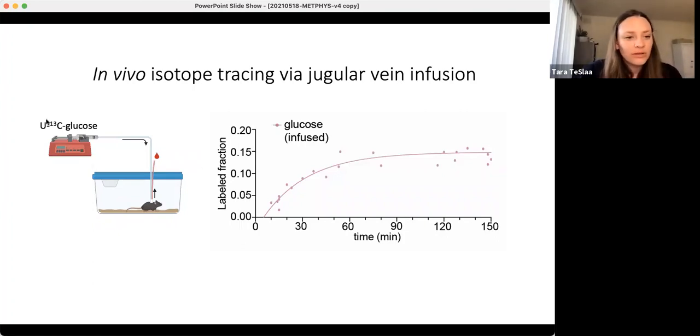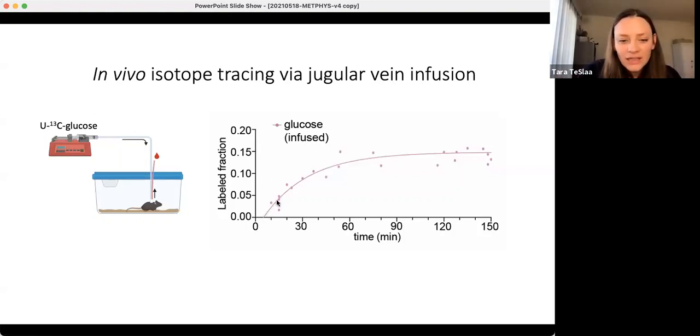So here I'm showing we infuse the uniformly labeled carbon-13 glucose, and we do this through a jugular vein catheter, so that the mice can freely move around the cage while we're infusing. And we can also implant a carotid artery catheter to draw blood so that we can measure what happens to this glucose without ever having to stress out or touch the mouse.